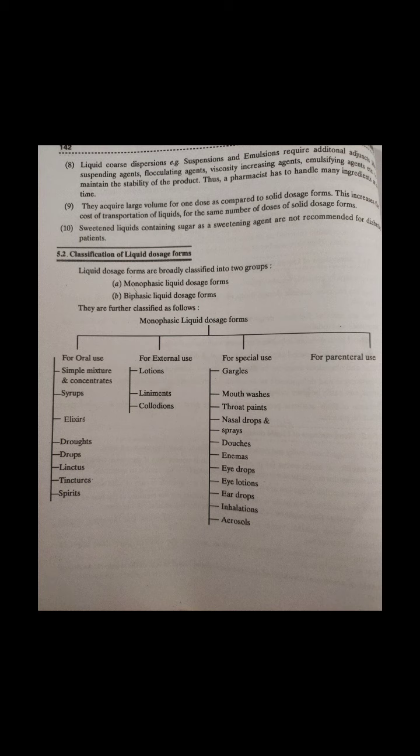Next point is eye lotions. The eye lotions are sterile aqueous solutions used for irrigating or washing the eye.